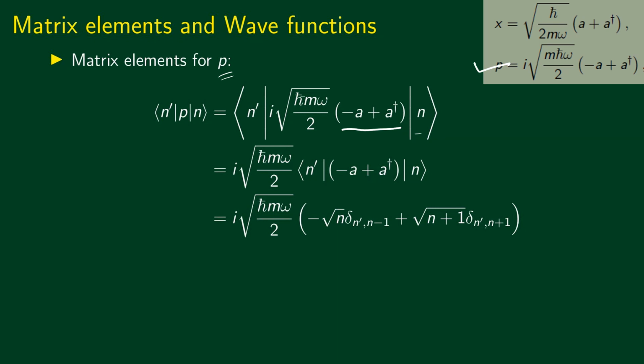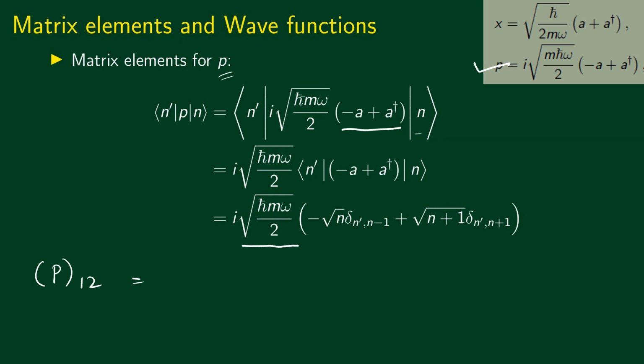We have already found the matrix elements for A and A dagger. So this is simply i square root of h bar m omega divided by 2 multiplying minus square root of n delta n prime n minus 1. There's a minus here because there's a minus here. And then the matrix element for operator A dagger, which is square root of n plus 1 delta n prime n plus 1. As an example, let's find the 1, 2 matrix element of operator P.